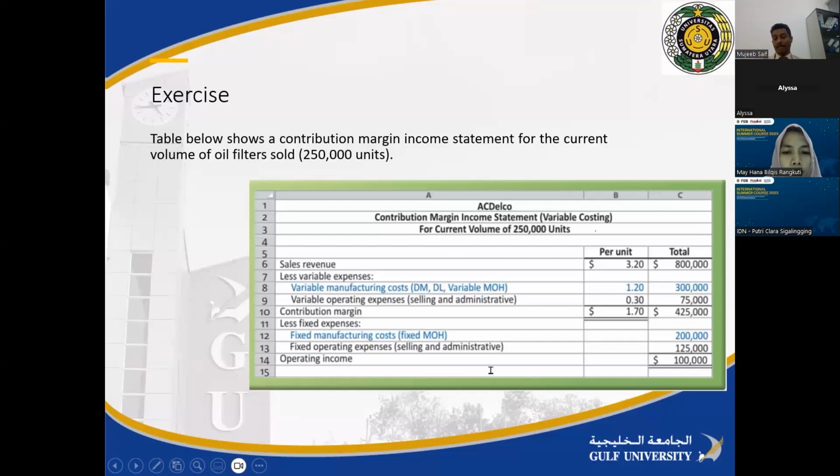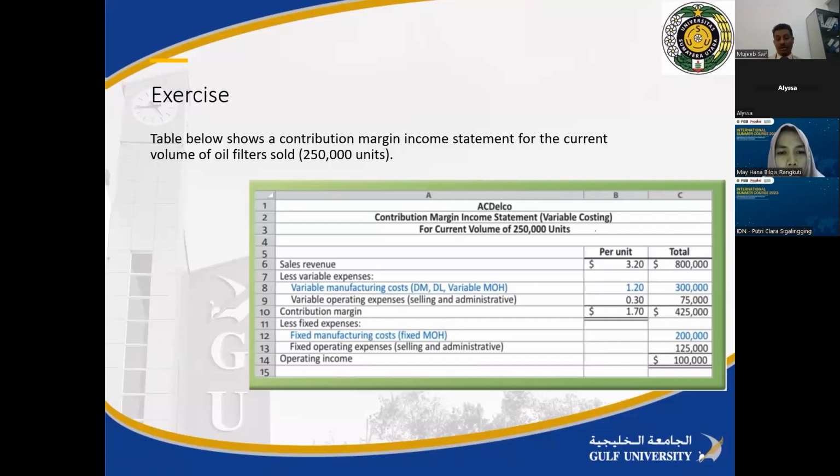Also, the cost of each unit: you see here, this is variable cost, and here we have fixed cost. If you divide the total fixed cost, 200,000 plus 125,000, 325,000, by 250,000 units, you get fixed cost per unit plus variable cost per unit. So the cost will be higher than the sales price given by the customer.